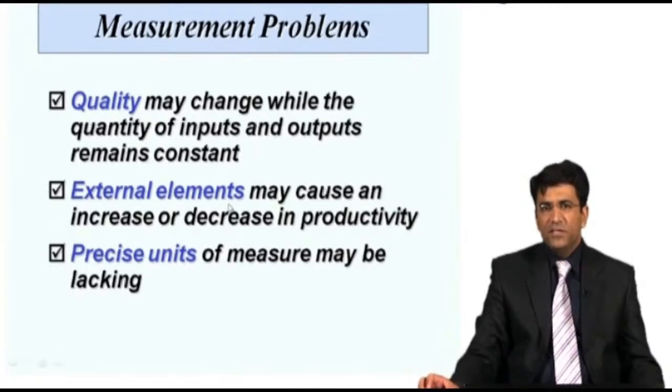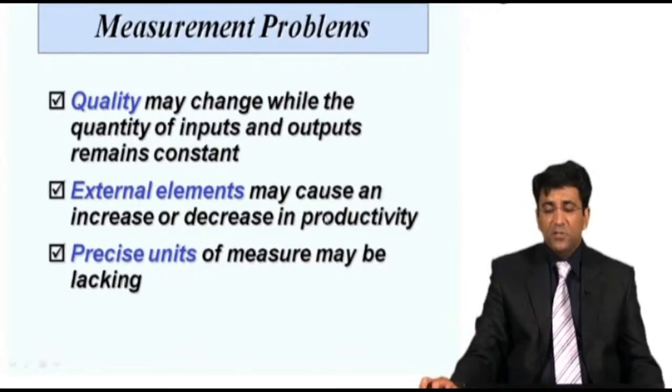In that particular case, we may not be able to find out the factor that what are actually the inputs through which our productivity is increased, because we are taking into account just the quantity factor of inputs when we use the formula productivity is equal to output over input, but the quality factor is not being considered in this particular formula. So that is one of the limitations and assumptions with this formula.